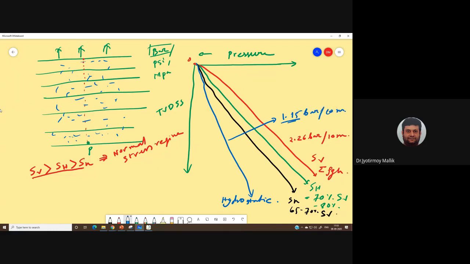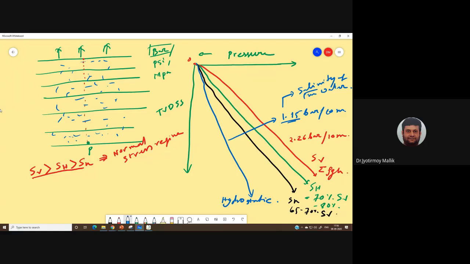Now this depends on salinity of the water. If it is less saline, it can be around 1 bar per 10 meter. If it is very highly saline, it's around 1.17, 1.18 or 1.19 bar per 10 meter. But in general, we can take a hydrostatic fluid gradient to be 1.15 bar per 10 meter.